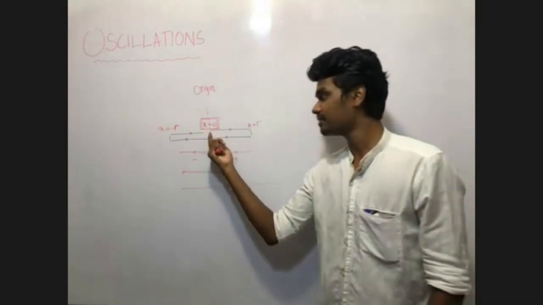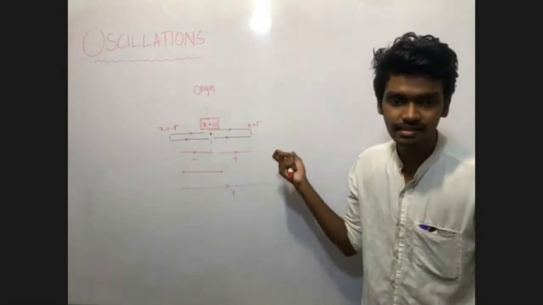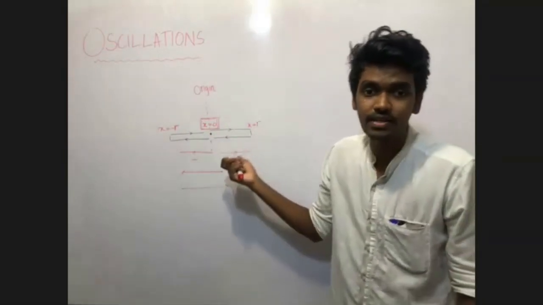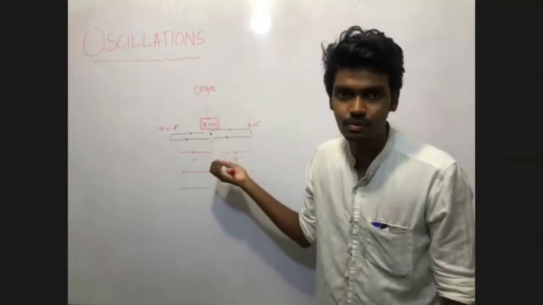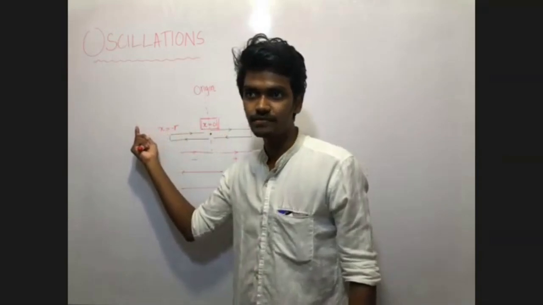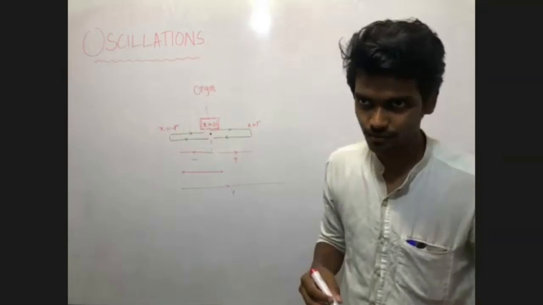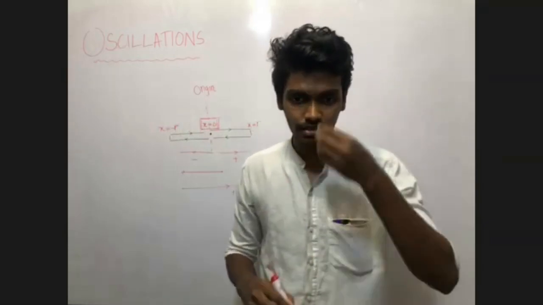When the particle moves in the right hand direction, we consider it to have a plus displacement, and if the particle moves towards the left, we consider it to have a negative displacement. So even in a simple harmonic motion.